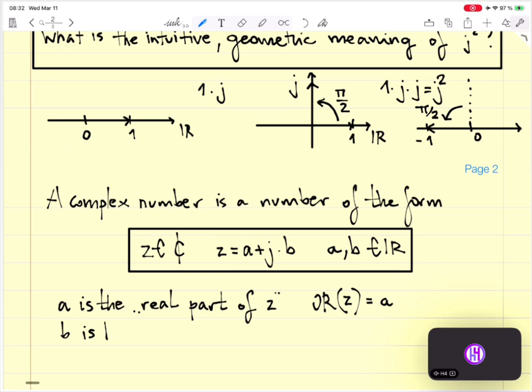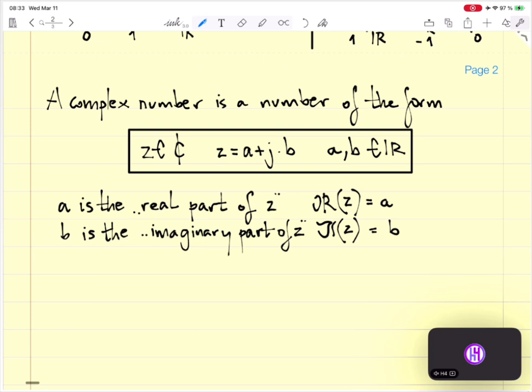And b is the imaginary part of z. It is called imaginary not because it's something that is unreal, it's just the way people have named it.